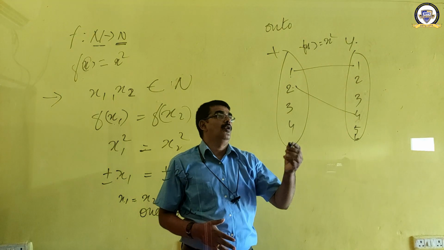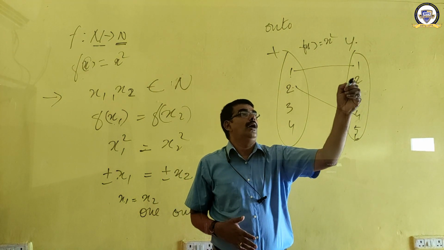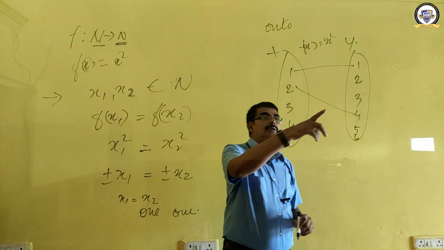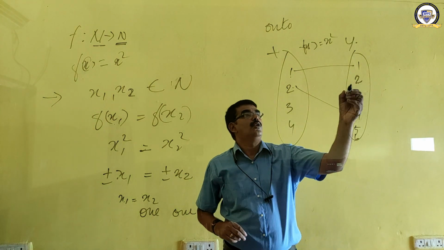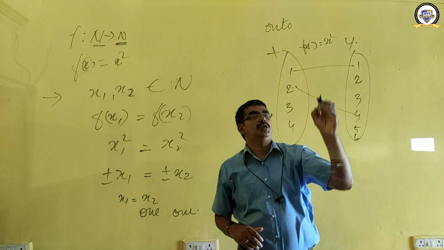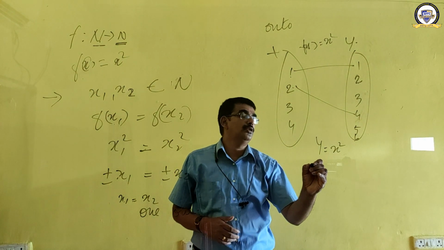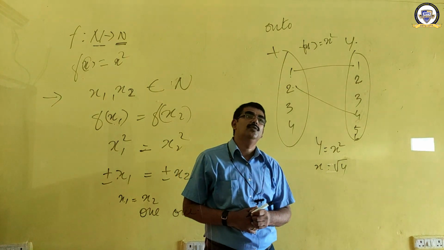Clear? So, for 2, if you take a pre-image, root 2 will be the pre-image of 2. No? f(x) is equal to x square, that means y is equal to x square. So x is equal to the square root of y.